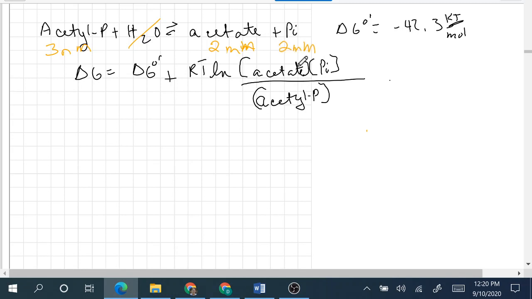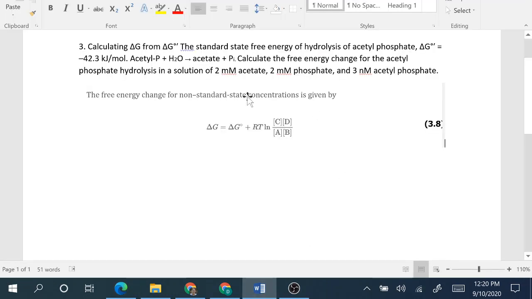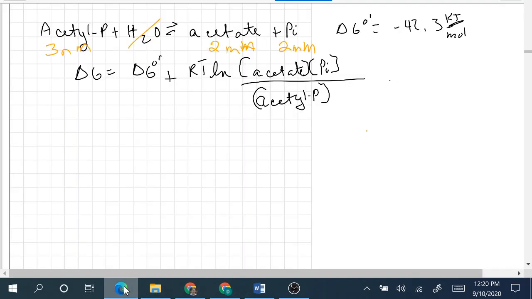I think I've written it down wrong here. Yeah, 2 millimolar. Okay, and I believe that was 2.0. Let's look at our problem again. No, we weren't given any decimal places here. So 2 millimolar and 2 millimolar.